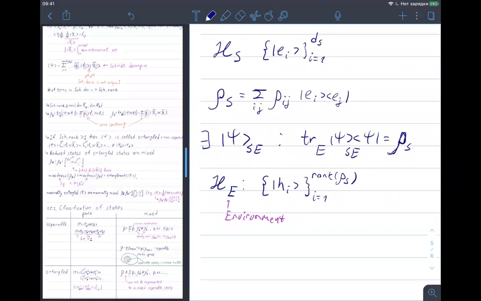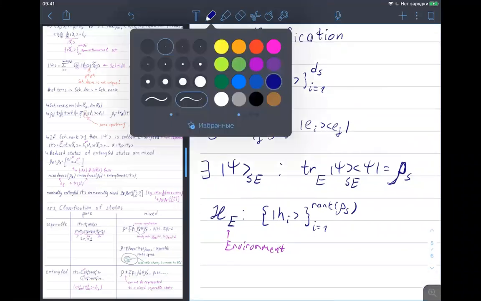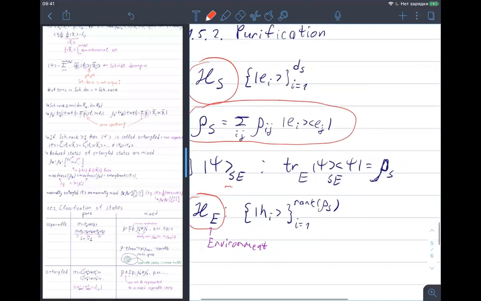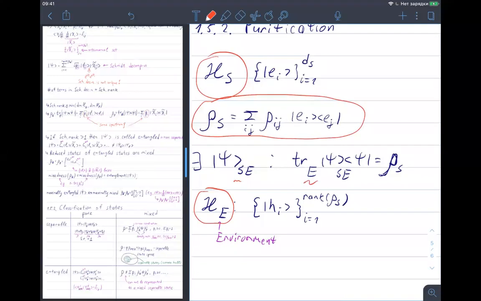So again, I have some density matrix rho_S, and I claim that there exists some pure state which lives in the tensor product of my initial space H_S and some additional space H_E, such that the trace over this environment, this additional system, gives me my density matrix.